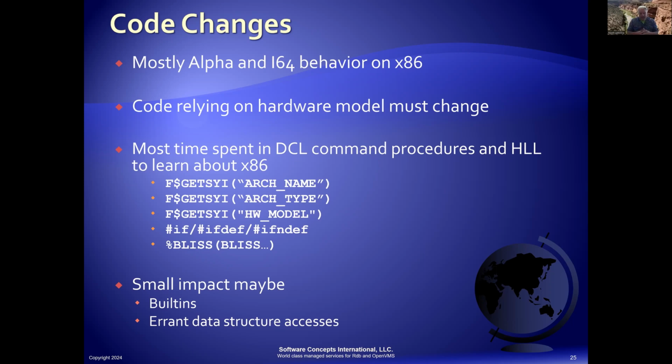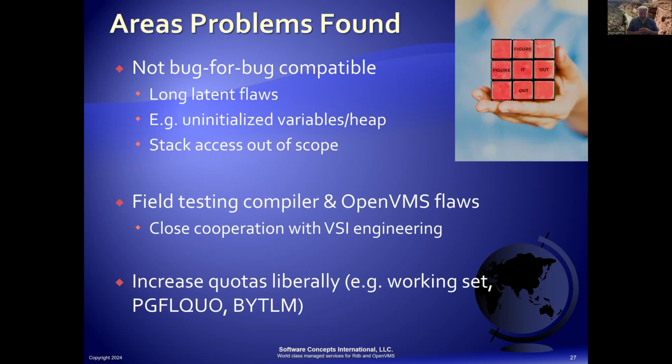So where did I find problems? x86 is not bug for bug compatible with Integrity and with Alpha. Some of the code that I fixed, and I know that my friends in VMS engineering have fixed, has been broken for decades. We were just always lucky, I guess.